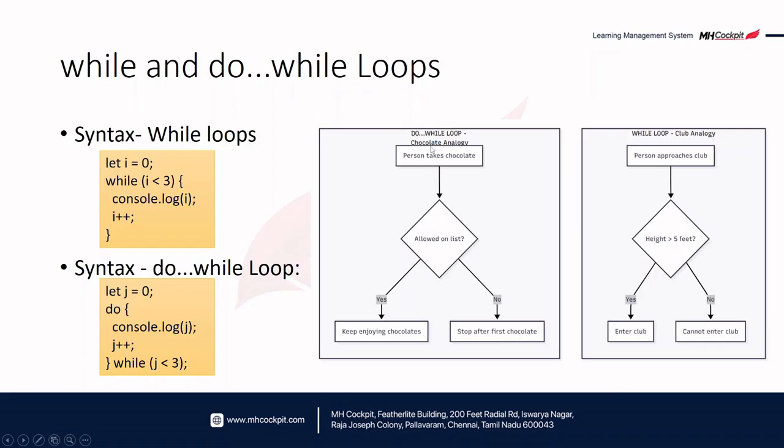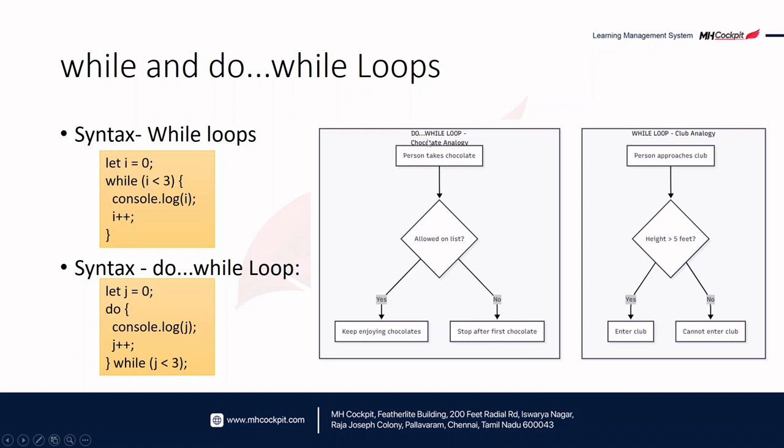For the do while loop, let's take this analogy. A person takes a chocolate. Whether he is allowed to taste the chocolate, whether he is on the list or not, is the condition. If it is yes, he keeps enjoying the chocolates, and if it is no, he has to stop at that point. So what is happening here?